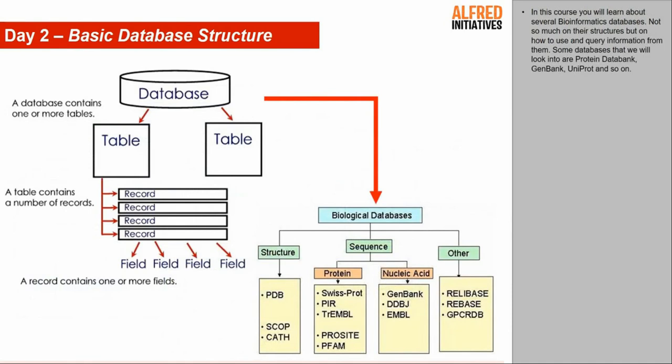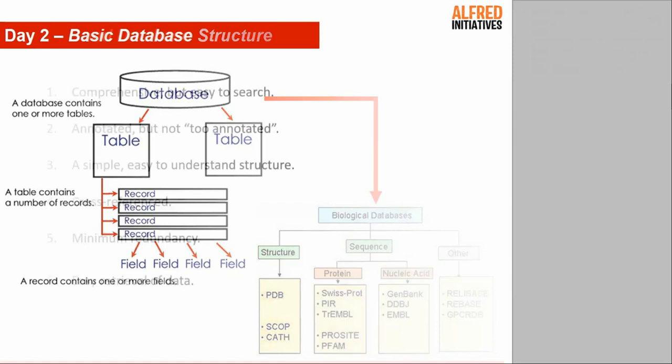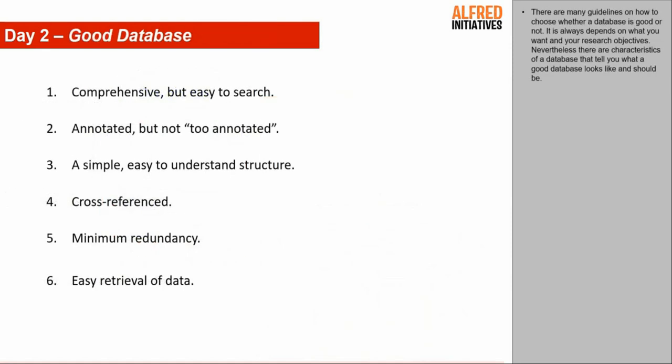In this course, you will learn about several bioinformatic databases, not so much on their structure, but on how to use and query information from them. Some databases that we will look into are Protein Data Bank, GenBank, UniProt, and so on. There are many guidelines on how to choose which database is good or not. It always depends on what you want and your research objectives. Nevertheless, there are characteristics of a database that tell you what a good database should look like.